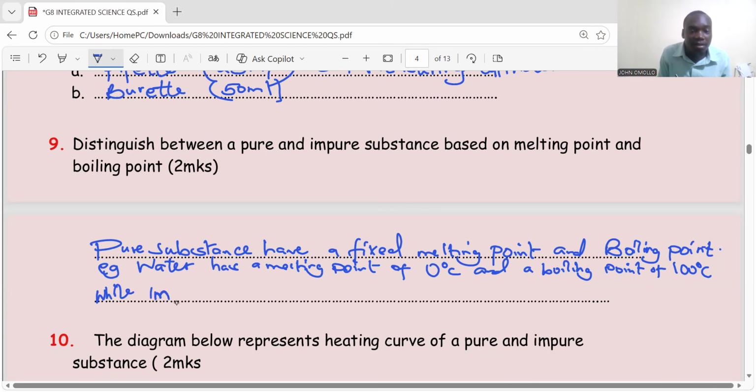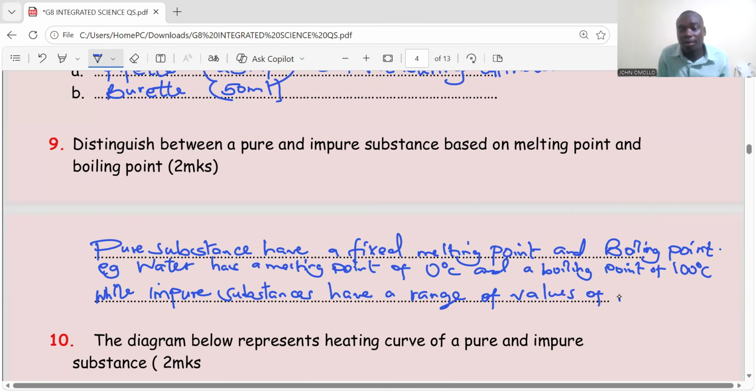Now, while impure substances have a range of values of melting point, a range of values of temperatures.